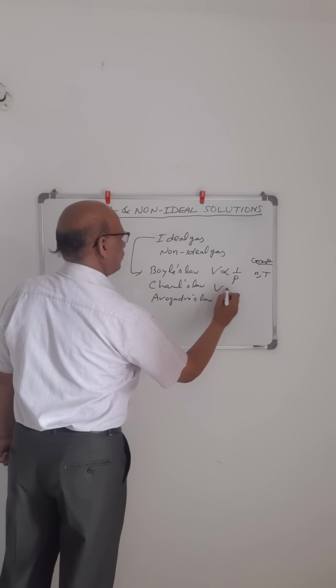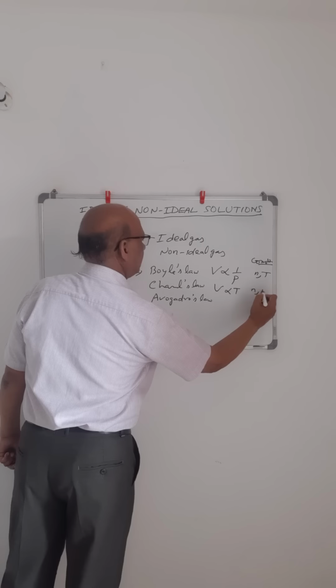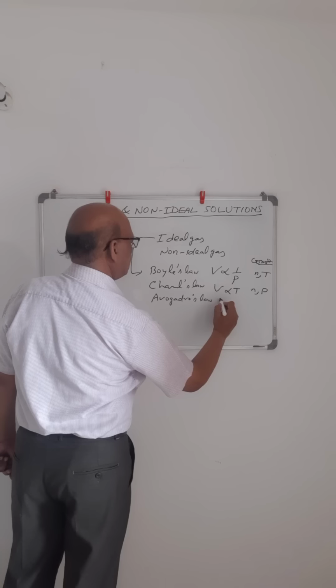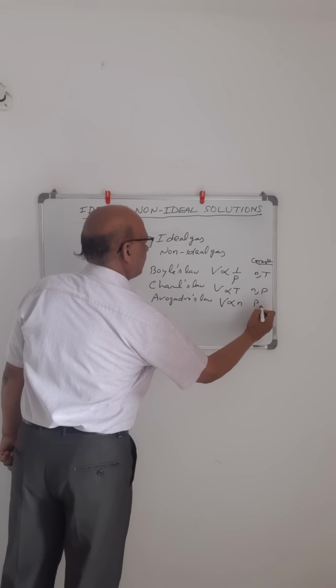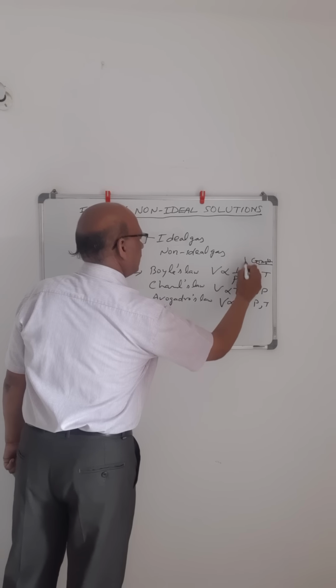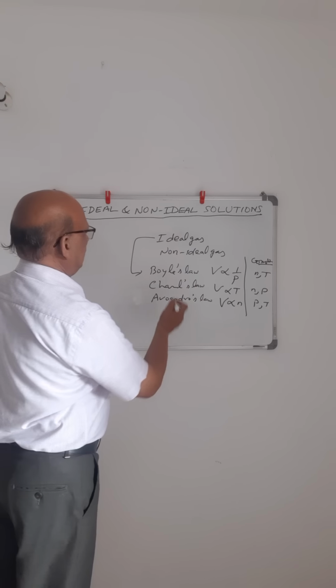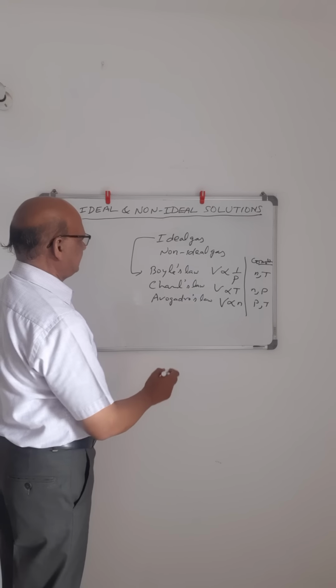Charles law was volume is proportional to temperature when number of moles and gas pressure is constant. Similarly, Avogadro's law is volume is proportional to number of moles when pressure and temperature are constant. So the gases which obey these laws, those were called ideal gases.